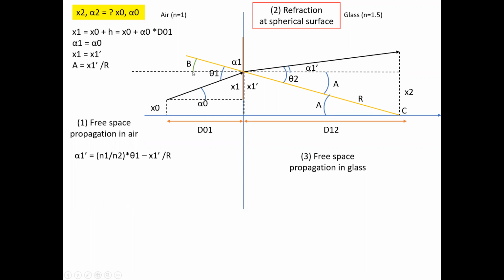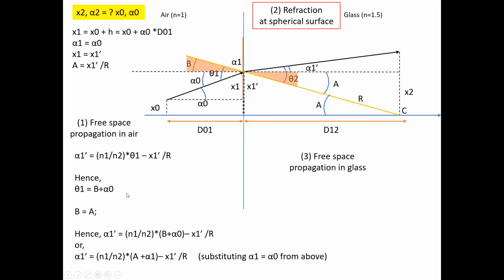And I define another new angle, B, over here. So alpha naught was defined over here. Again, alternate angle rule. This angle is also alpha naught. So we have alpha naught, B, and we have theta 1. So what is theta 1? Theta 1 is B plus alpha naught.